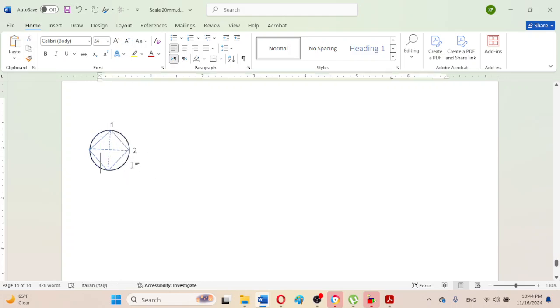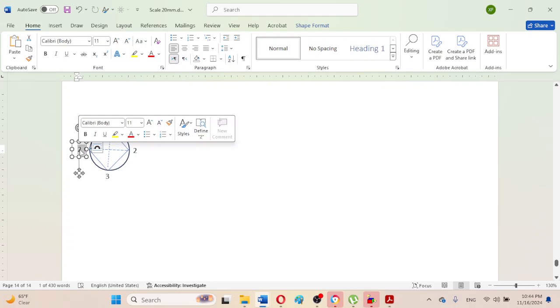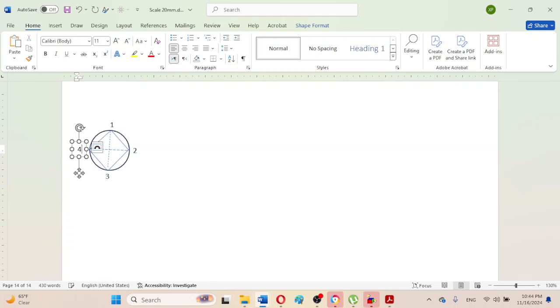This is 2, and again paste it and change it to 3, and again paste it. Sorry, this is 4.